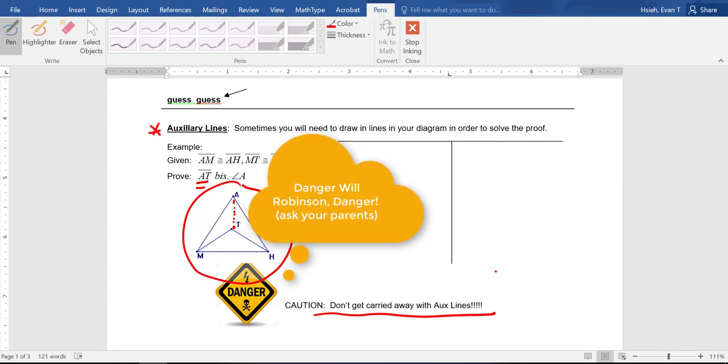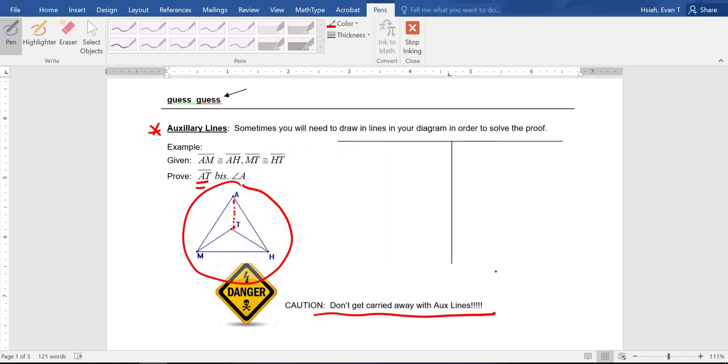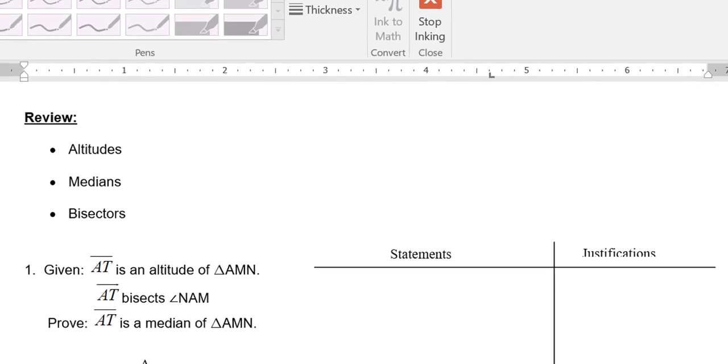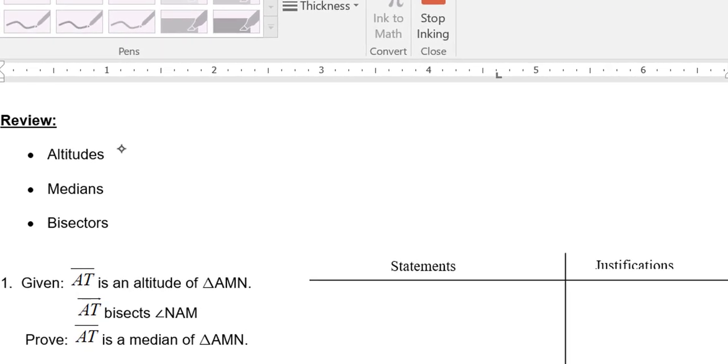Let's move on to the next page, and we're going to reintroduce some material and then do some proofs. Okay, just a quick refresher on page 2 here of altitudes, medians, and bisectors. An altitude is drawn from a vertex perpendicular to the opposite side, so it's going to give you perpendicular lines, or I know that in our book it allows you to say it gives you right angles.